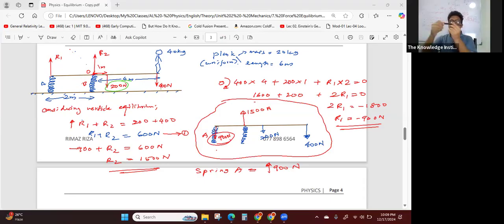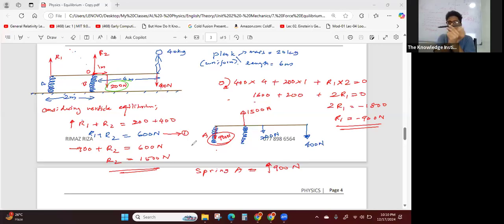When the boy and his weight push this downward, this end tends to move in this direction, but the spring holds that. That means the spring at this end pushes downward. Therefore, the force acting on the plank is downward, and the equal and opposite reaction force acting on spring A is upward.